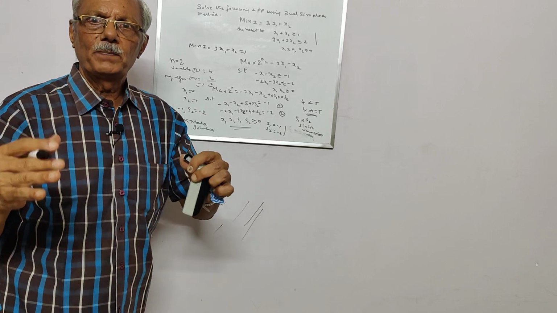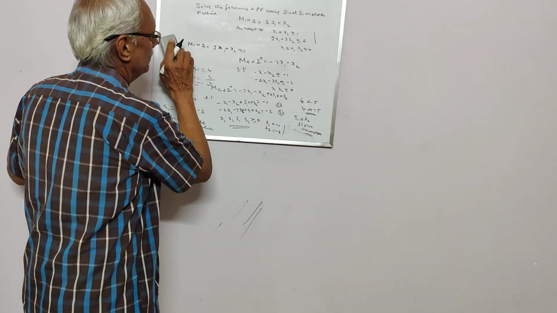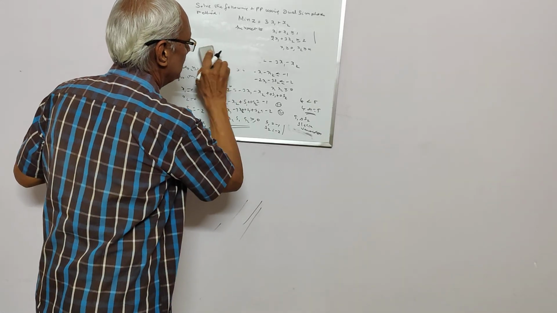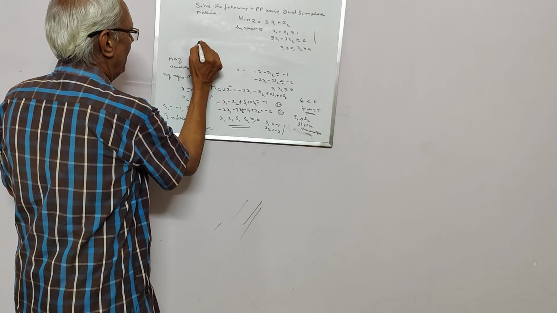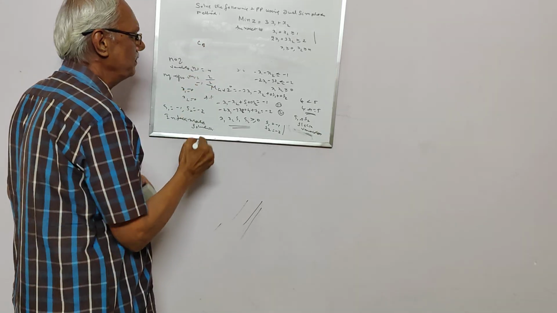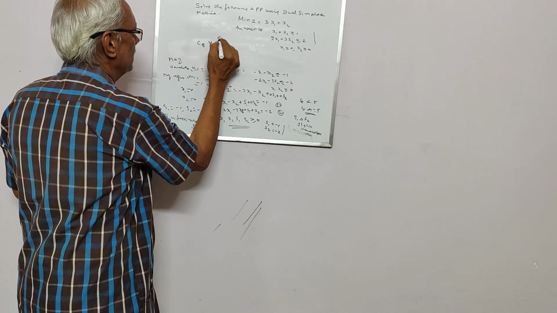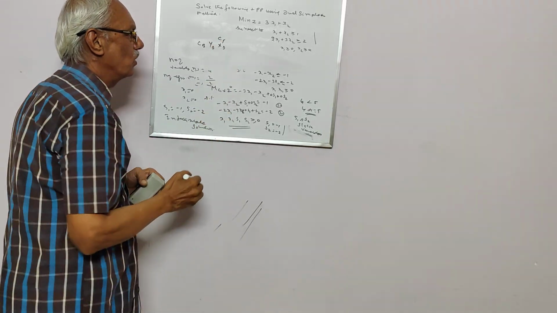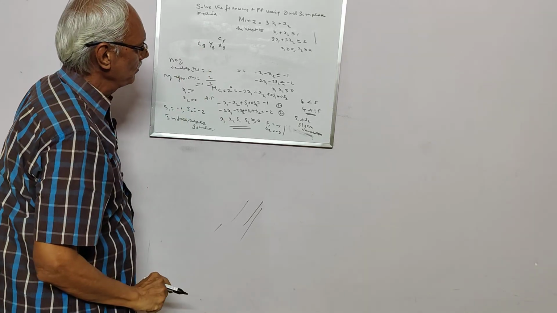Let us start preparing the table now. Now let me write here. I'll rub off all this. See, I'll write here CB, YB, XB, CJ. You will ask me what are these? CB is a cost column.